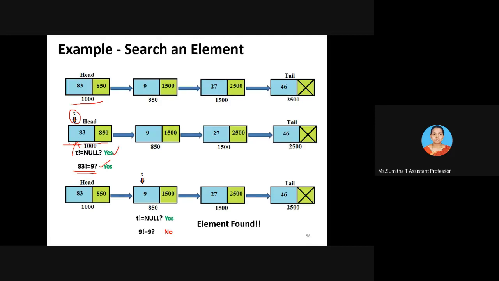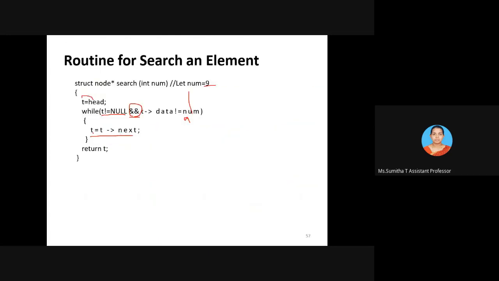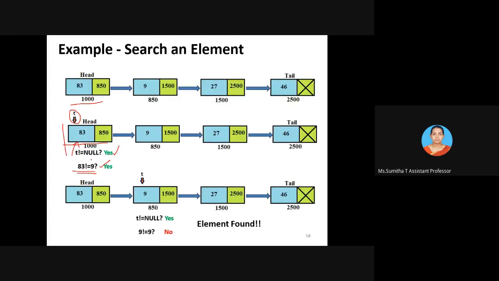Now which node is t at? The first node. I'm doing t equal to t of next. T of data is 83. T of next means the pointer, that is 850.